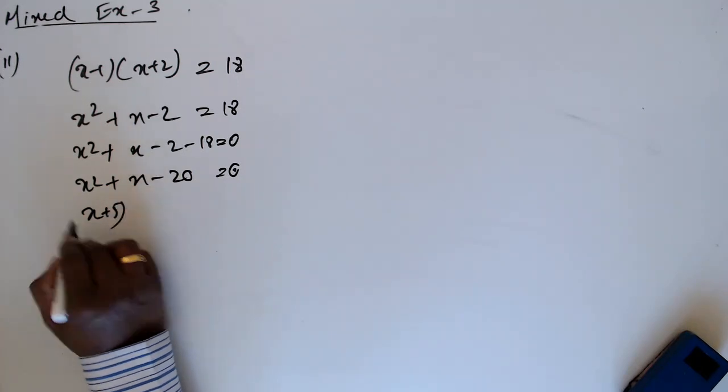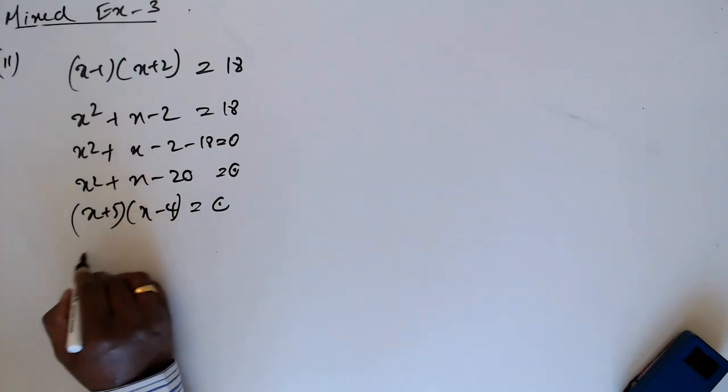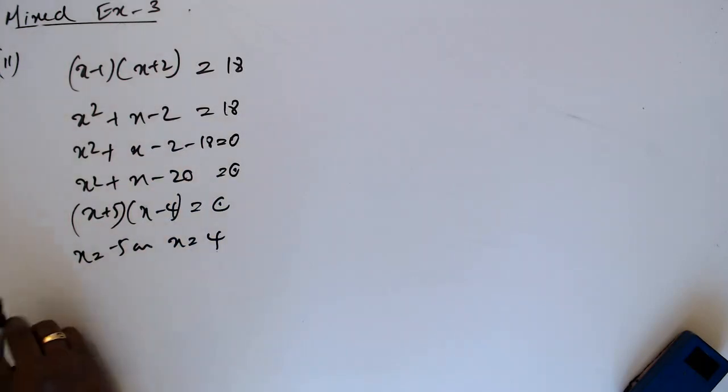The factors are x plus 5, x minus 4 equals 0, x equals minus 5 or x equals 4.